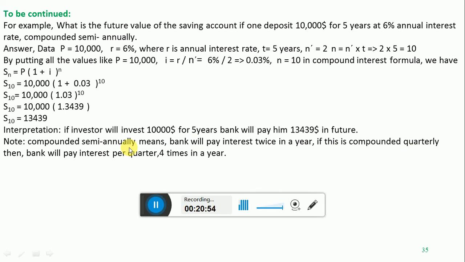If it is compounded quarterly, then the bank will pay interest 4 times in a year. I am again repeating this interpretation: if the investor invests $10,000 now for 5 years at 3% interest rate compounded semi-annually, the bank will pay him $13,439 after 5 years.